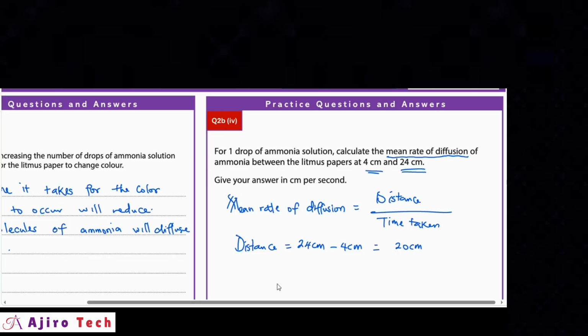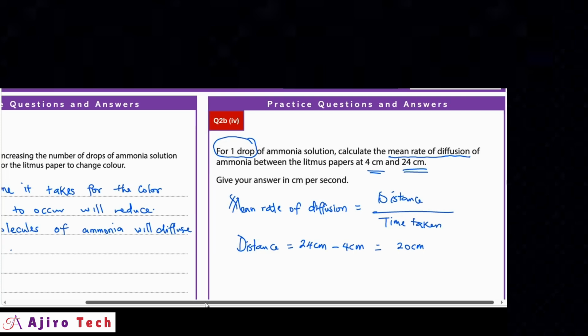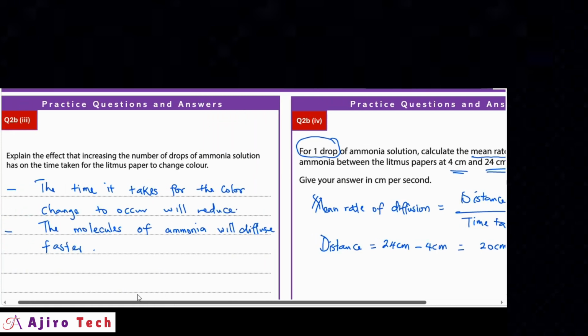So how are we going to get the time? We get the time from the table. Let's go back to the table. Don't forget, we are calculating for one drop. Let's check the values for time and distance.